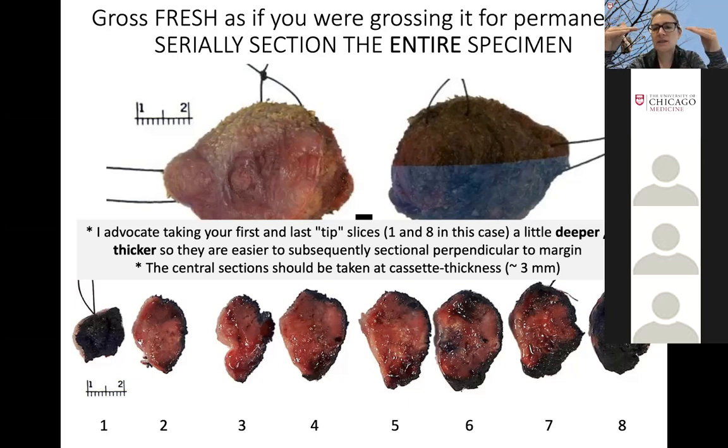For margins, because they're smaller, I'll allow a few more, 2, maybe even up to 3, but always be mindful that the more pieces you put in a cassette, the harder it is for histology to embed it, because as they're embedding it, the wax is cooling and the slices are stacking. The fewer you have, the closer they are to even, and the better they are to get a full face.